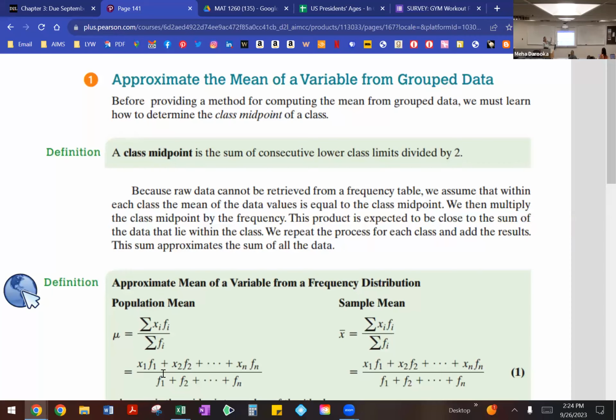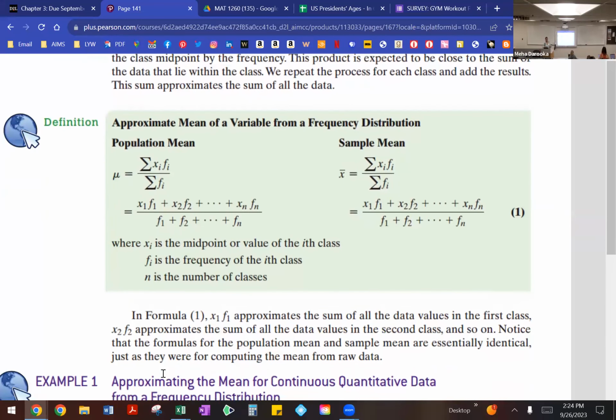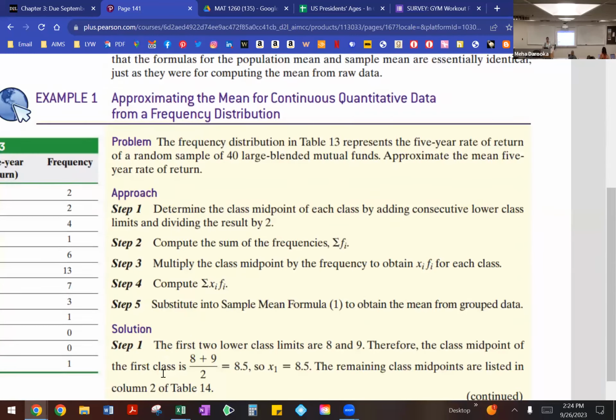Then you do the same for the second and third class, and so on. This next part is about how to find your population mean or sample mean based on a frequency distribution. You have to start by calculating your class midpoint, then find the frequency for each of the classes. Let's take a look at an example.